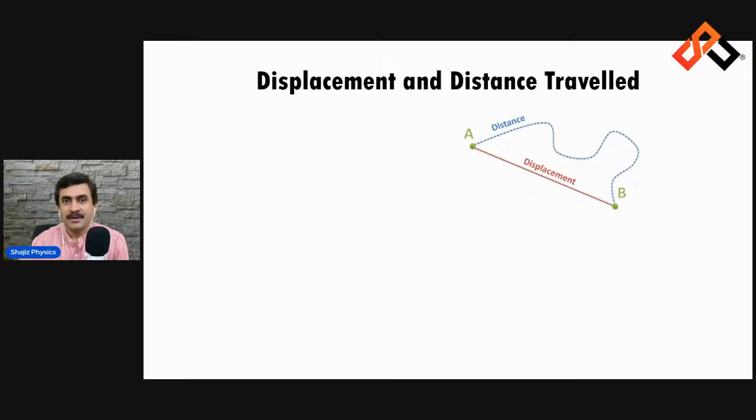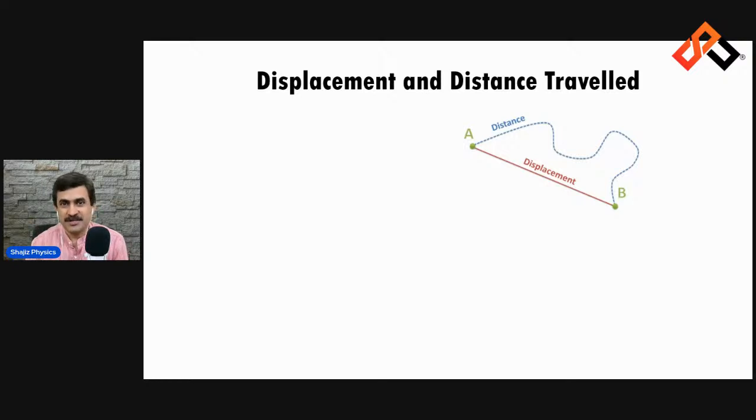Now, another concept related to this motion is displacement. As the name indicates, an object got displaced from one point to the other. Here, the object was at point A initially, but after some time, it got displaced to point B. Displacement refers to up to what extent the object got displaced.